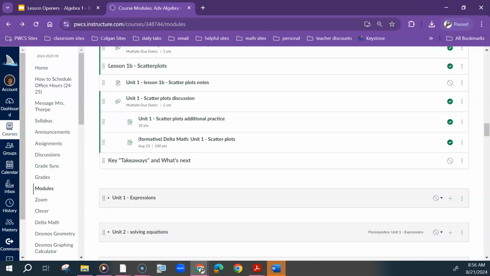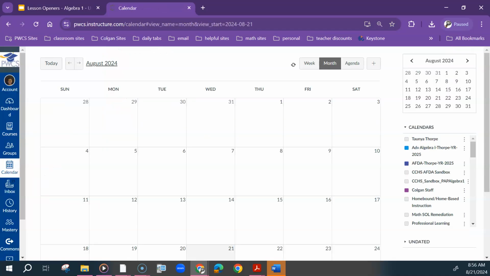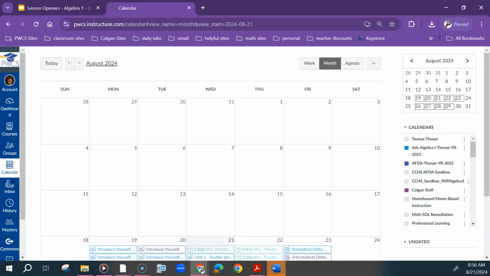This doesn't work well in the Canvas app. You have to be on a web browser, Safari, Edge, Chrome. So what I'm about to do, you may not be able to do, but you can definitely try it if you would like. So I'm going to go into the calendar. So not in here, but in the actual calendar, which will look different on yours.